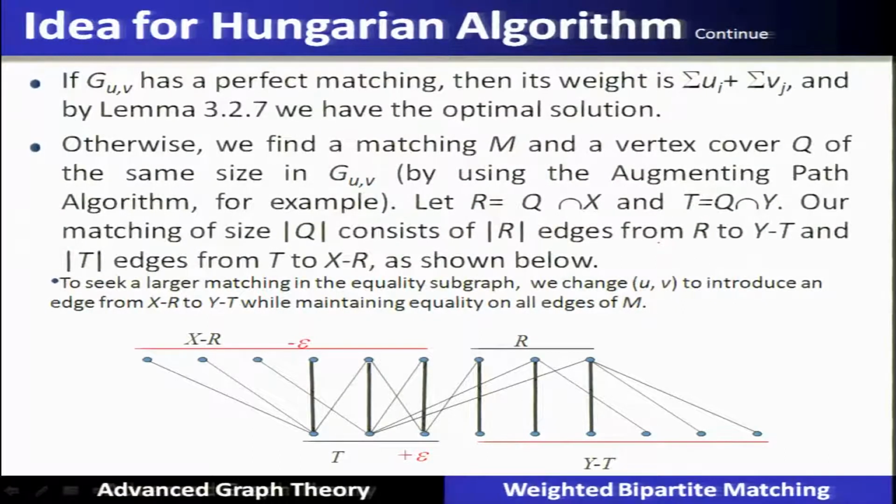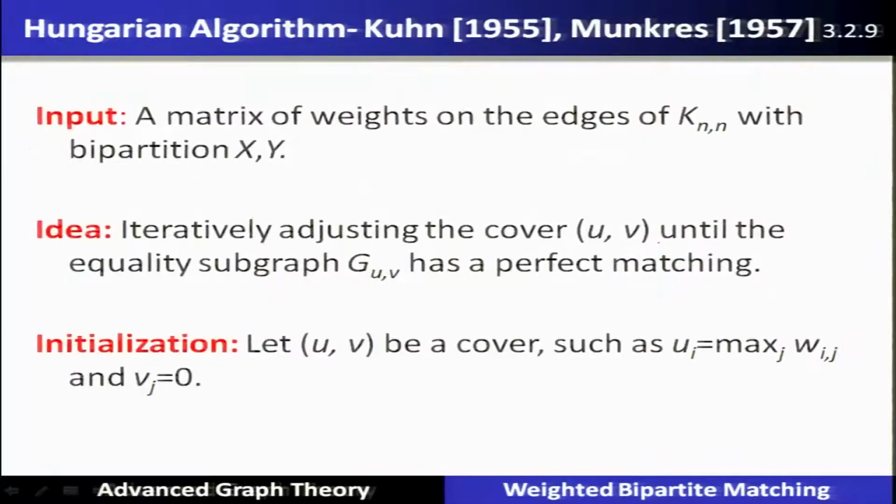Otherwise, we find a matching M and a cover Q of the same size by using the augmenting path algorithm, and we seek a larger matching in the equality subgraph and change the matchings to get a maximum matching. We iterate so that we will obtain the maximum matching of the given graph.